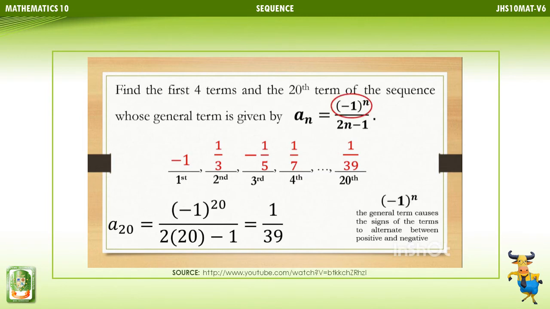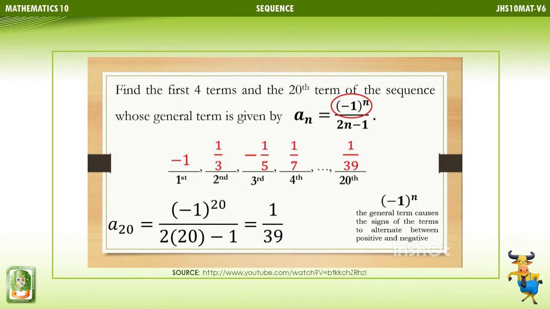Now, remember that if you have the quantity of negative 1 raised to n, this is the general term that causes the signs of the terms to alternate between positive and negative. So, kapag nakita natin tong negative 1 raised to n, yan ang palatandaan natin na ang terms natin ay magiging alternate ang signs.